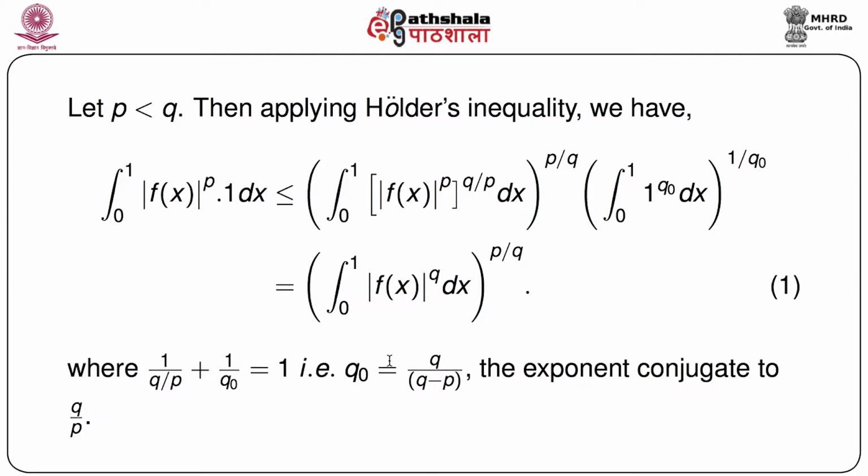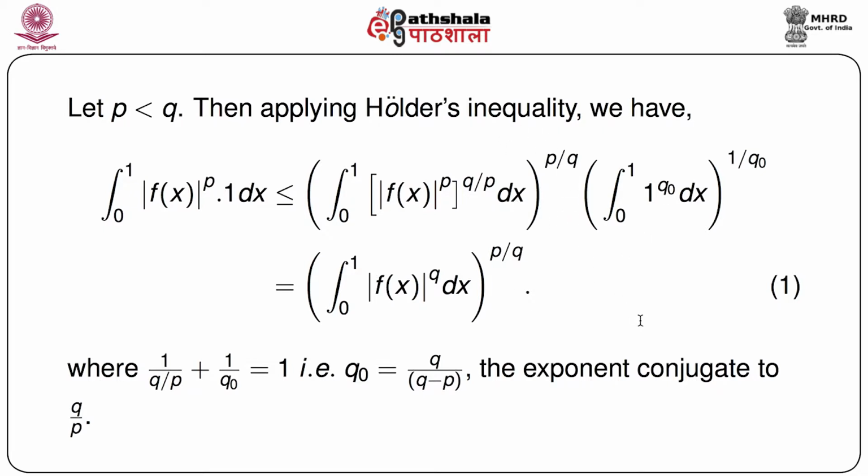So first consider two quantities p and q such that p is less than q. Then we apply the famous Holder's inequality to get integration 0 to 1 mod f(x) to the power p into 1 dx. That means there are two quantities, and applying Holder's inequality on these two quantities u and v, where u is mod f(x) to the power p and v is 1, we have integration 0 to 1 of mod f(x) to the power p, whole to the power q by p dx, the whole thing to the power p by q.